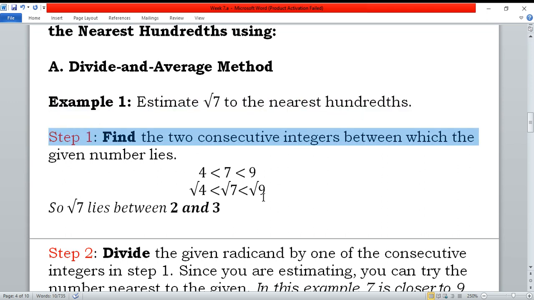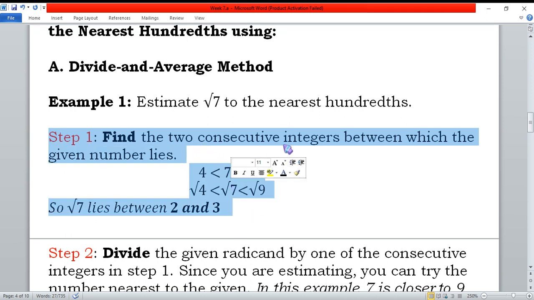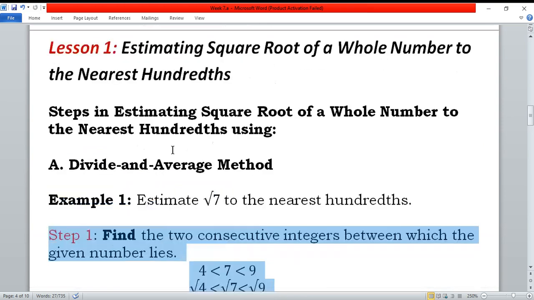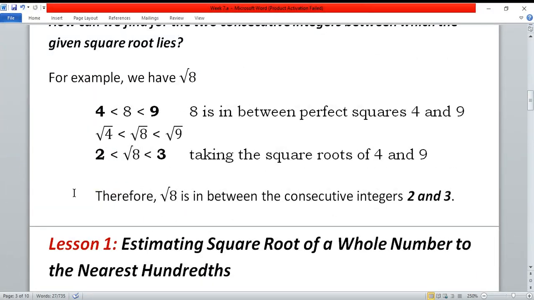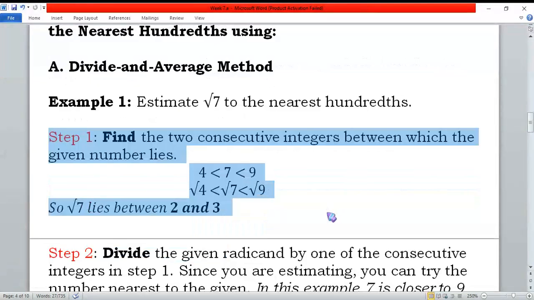Okay, so step number 1 is to find two consecutive integers between which the given number lies. Kaya nga nire-recall natin dito kanina, okay, sa part na to. So kaya makikita natin dito, ang first step on how to estimate square roots that are irrational is taking the two consecutive integers between which that irrational number lies.